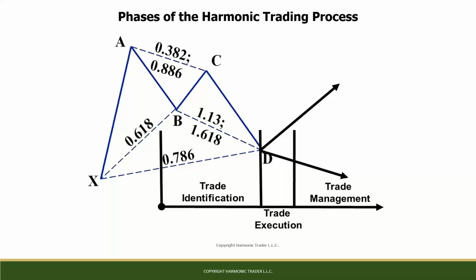Start with trade identification. We want to identify primary patterns. We want to follow what the software generates, matches. But all of our key important focus is as we go into this D point and assessing the zone, understanding that our time allowed and our preparation required, it's going to take longer for this to develop, and the execution window is going to be much shorter than the other two phases of the process.